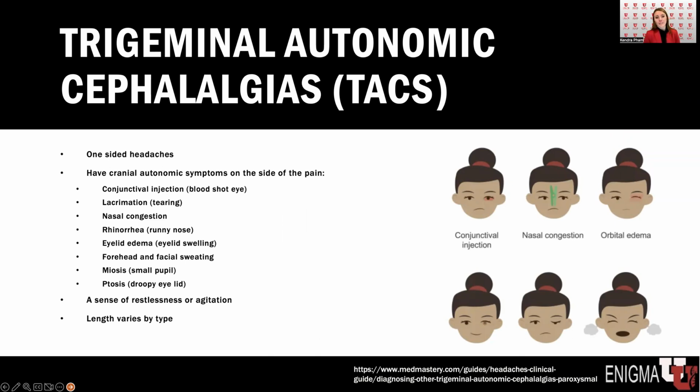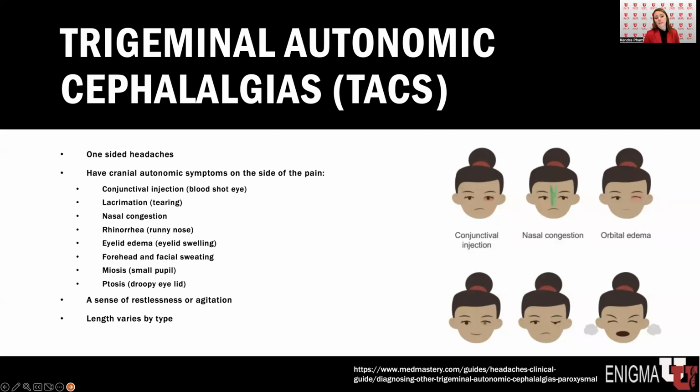The cranial autonomic symptoms that we see include conjunctival injection, which is a bloodshot eye, lacrimation, otherwise known as tearing, nasal congestion, rhinorrhea, known as a runny nose, eyelid edema or eyelid swelling, forehead and facial sweating, miosis, which is a small pupil, and ptosis, which is a droopy eyelid.